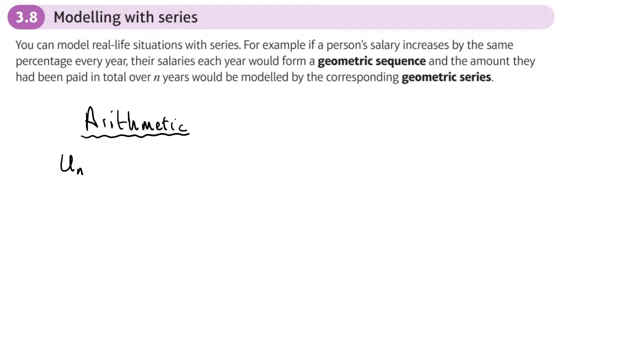So remember we write that as un, and what we will have is the first term plus n minus 1 differences. So we'll just remind ourselves that a equals the first term, and this is the same for both arithmetic and geometric.